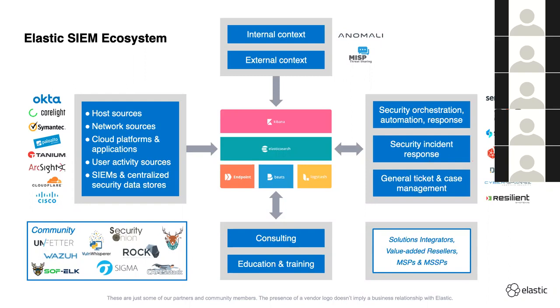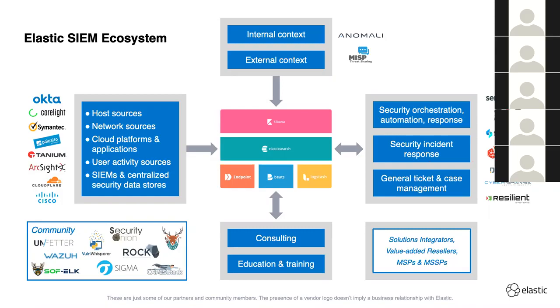Sigma is a platform that allows us, for example, to transform detection alerts from language to language, or from one technology to another, like from QRadar or from Splunk directly to Elastic. So Elastic is also supported. You can convert or transfer alerts from other technologies.